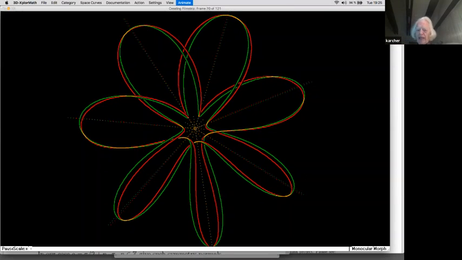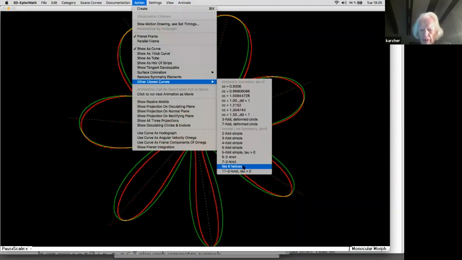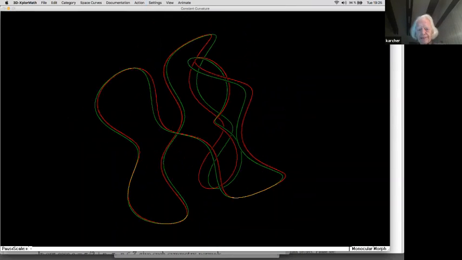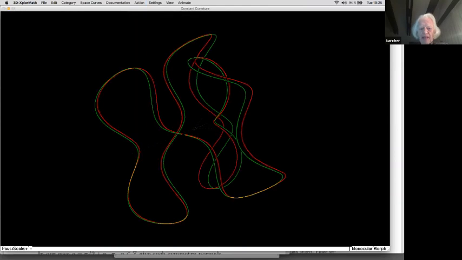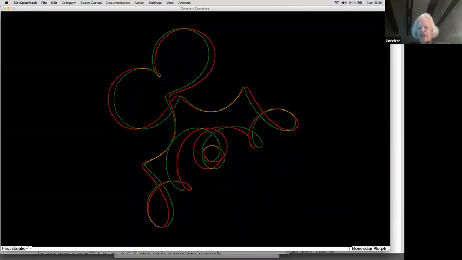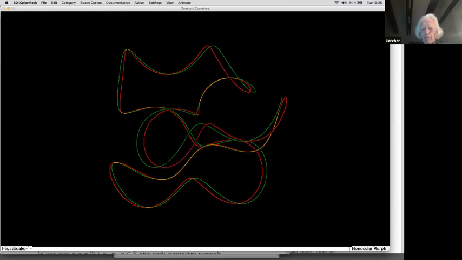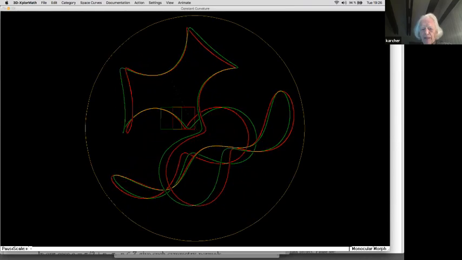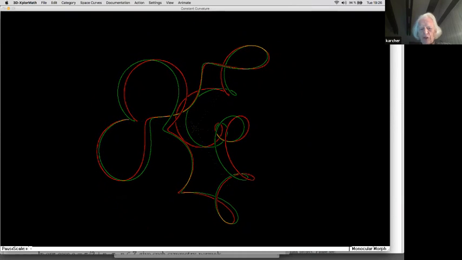Now, in this way, I can make plenty of different curves. They not always look as simple as this one. So, for example, this one, I can add the symmetry lines to have a little bit of help. But I think you will agree it is not so easy to see what kind of curve this is. It's still a curve of constant curvature.